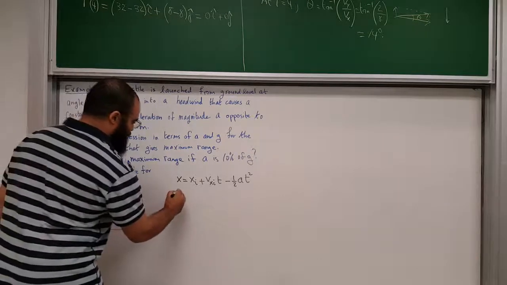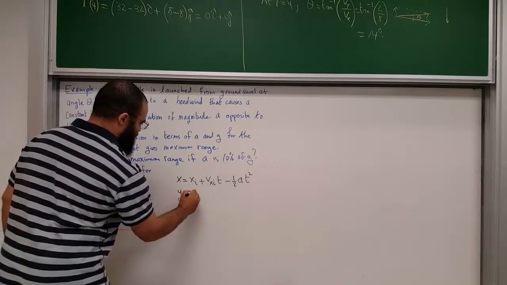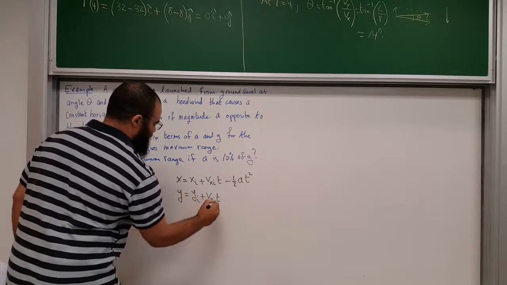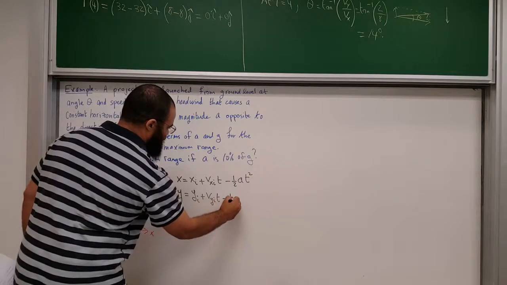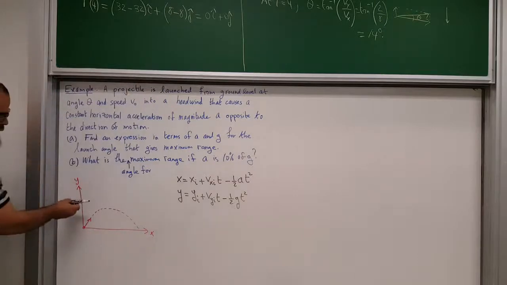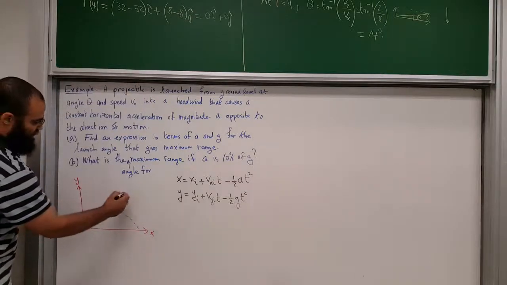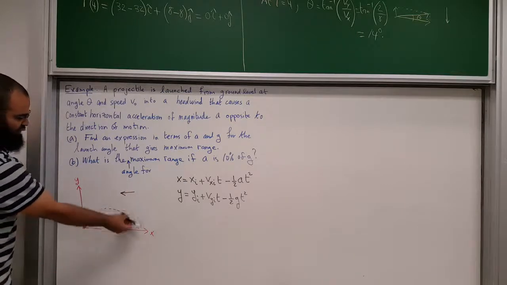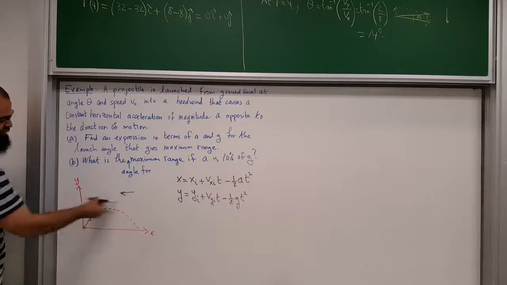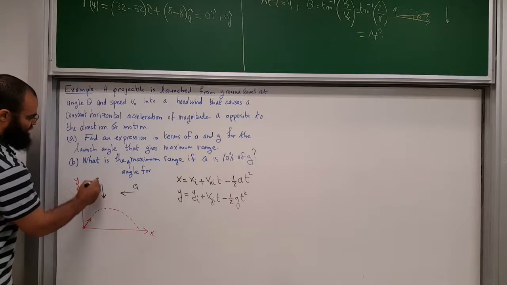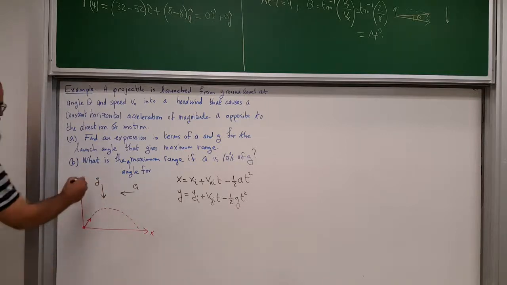And then for y, y equals y initial plus vy initial times the time, minus 1/2 g t squared. If the particle is moving this way, the acceleration is this way. The acceleration due to gravity is negative g, and it's downward.